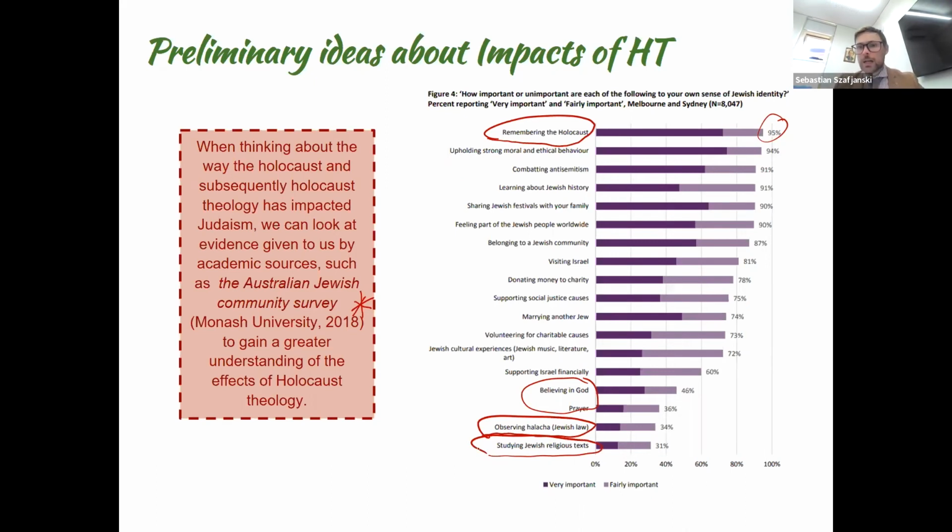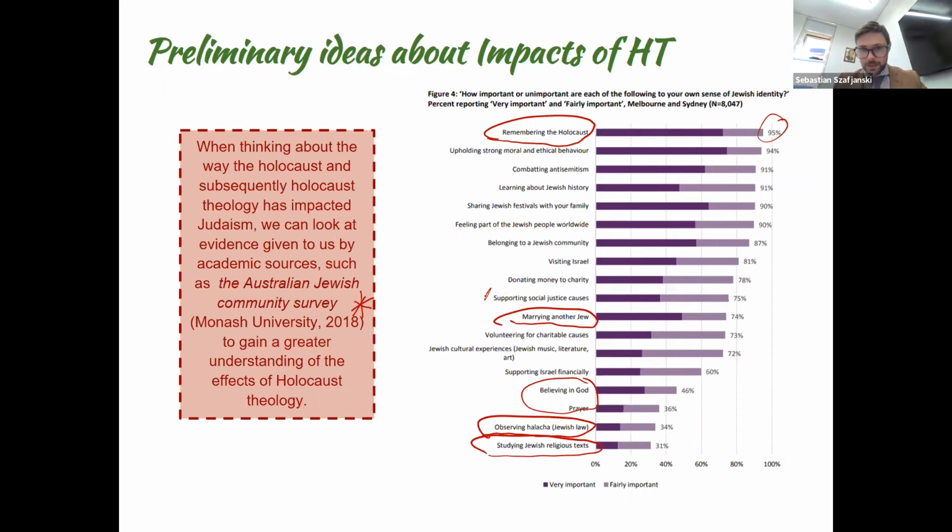This study was done over 8,000 people, across a range of ages. I hope you go and have a look at this document, because it really gives you a snapshot. However, if you do want to make more links to other sections, you've still got marriage there, supporting social justice issues, which can link to environmental ethics.